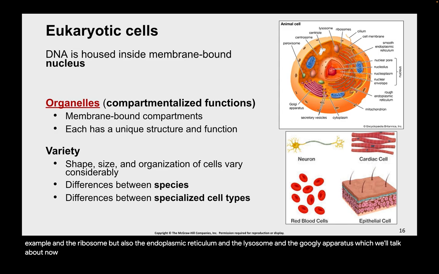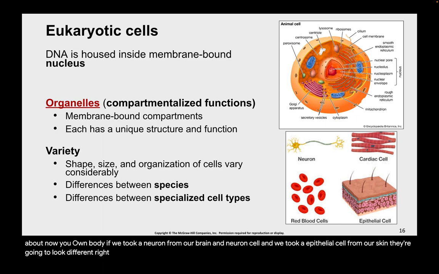Now, eukaryotic cells are very diverse. We don't just have one type of eukaryotic cell. We have a whole variety of them. A really good example of this is within our own body. If we took a neuron from our brain, and we took an epithelial cell from our skin, they're going to look different.